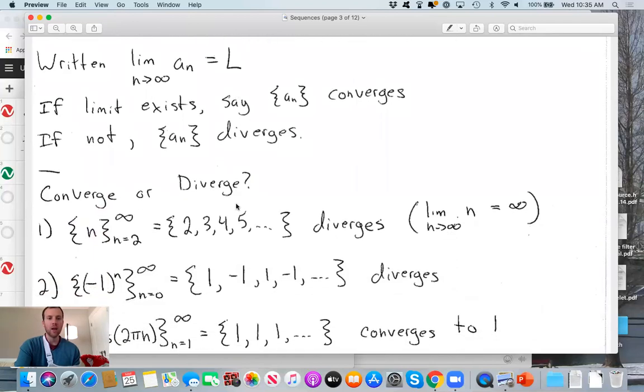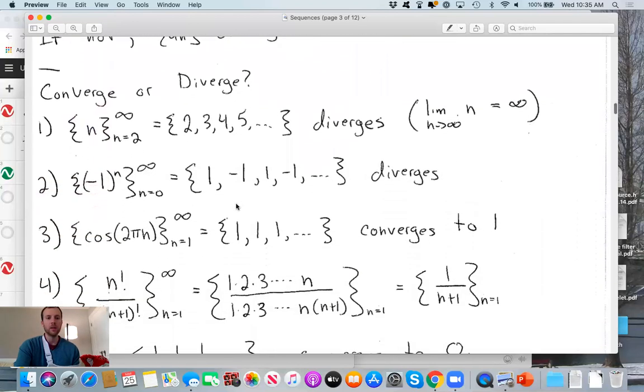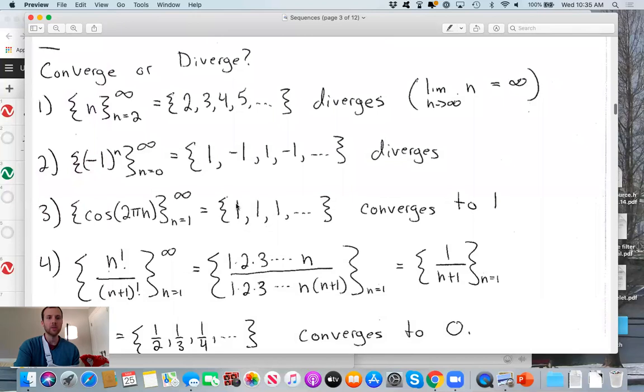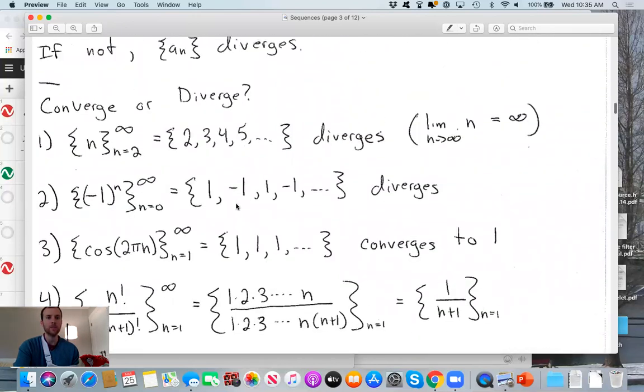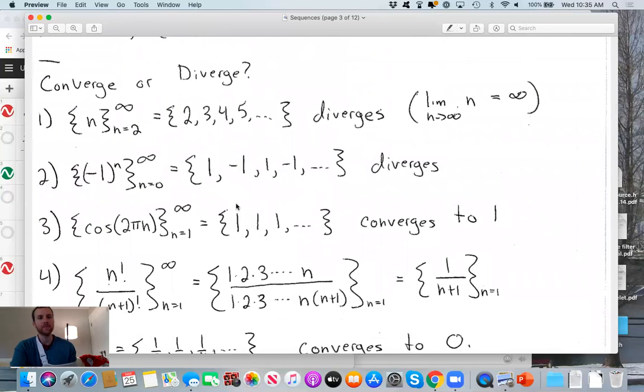So let's try a couple examples out. So first up, let's take the sequence which has general term n starting at 2, and then all of these sequences start somewhere and then go to infinity.